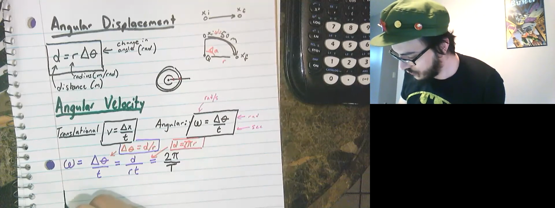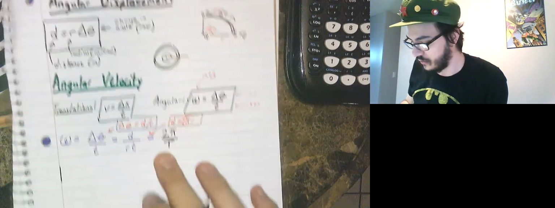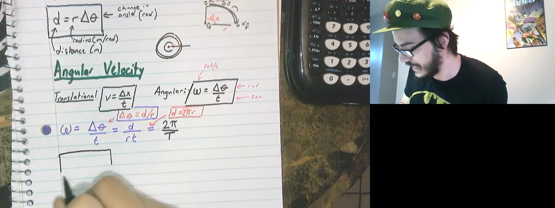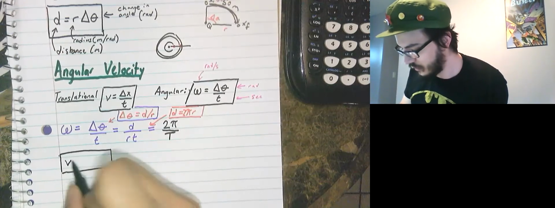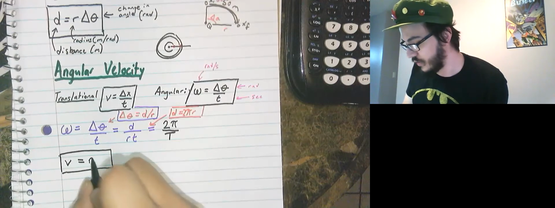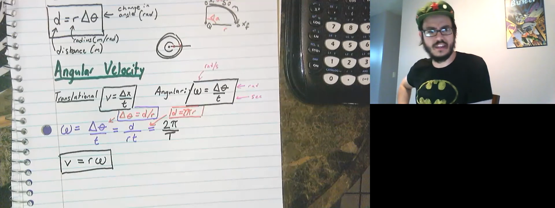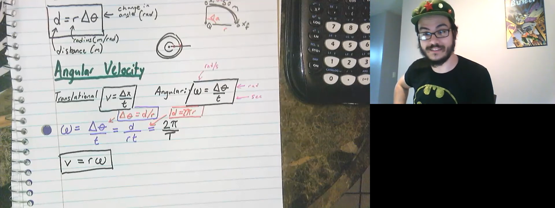If you have one of these and would like the other, that is, if you have translational and want angular, or you have angular and want translational, of course, that would be a tangential velocity if you convert it. Tangential velocity is equal to radius times angular velocity. So you just, again, use that radius as a conversion factor. It's meters per radian.